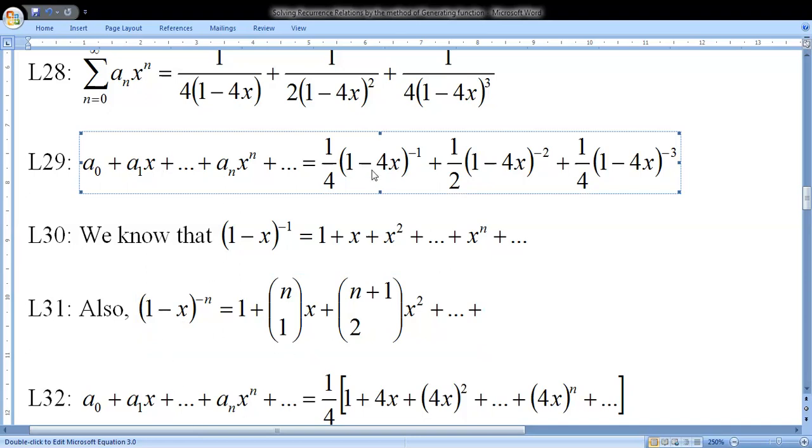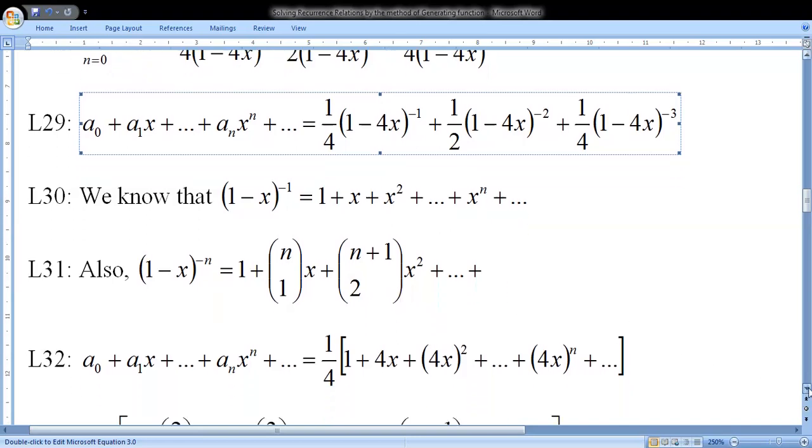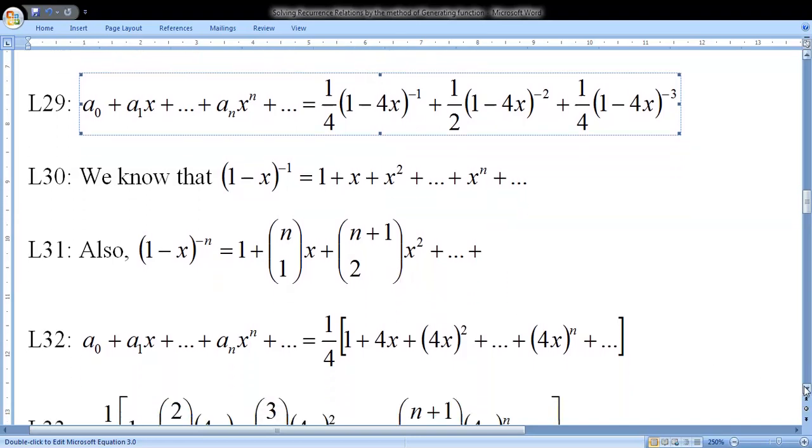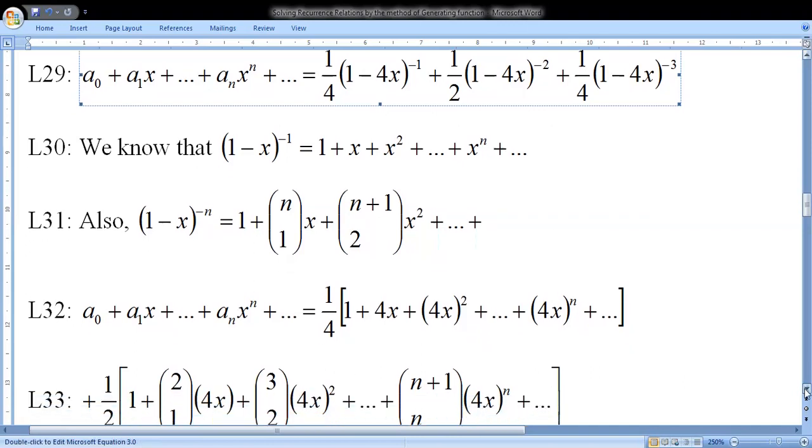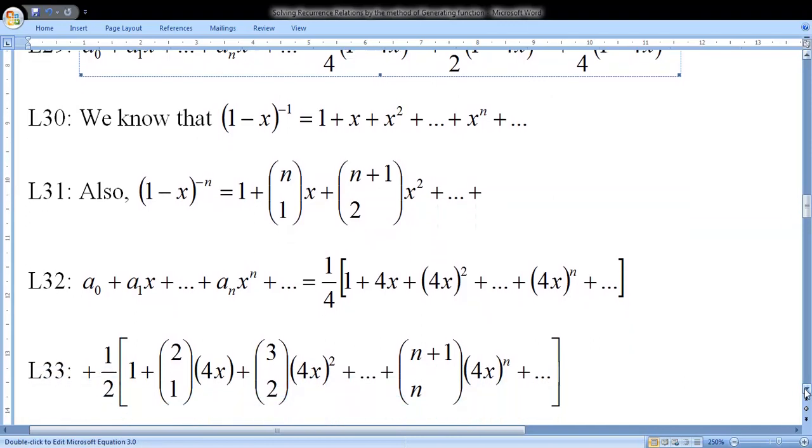In RHS, 1 minus 4x whole power minus 1 is expanded using 1 minus x whole inverse. It is 1 plus 4x whole square and so on. Then I have expanded 1 minus 4x whole power minus 2 using the formula 1 minus x whole power minus n. It will be 1 plus nc1x plus nc2x square and so on.